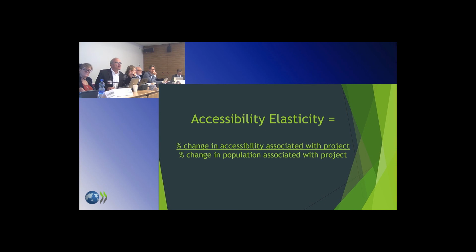And I hope you can also see that this gives one answer to the question of the basis of comparison. So the value 1.0 in this accessibility elasticity would mean an individual residing at the proposed project contributes accessibility to the region equal to the average resident of the region. And accessibility over 1 would be above the average, below 1 would be lower than the average.